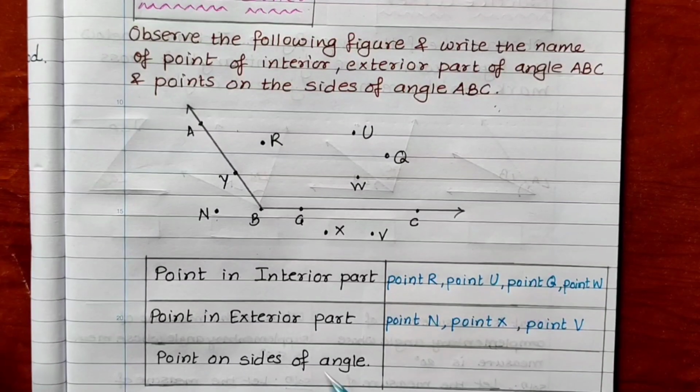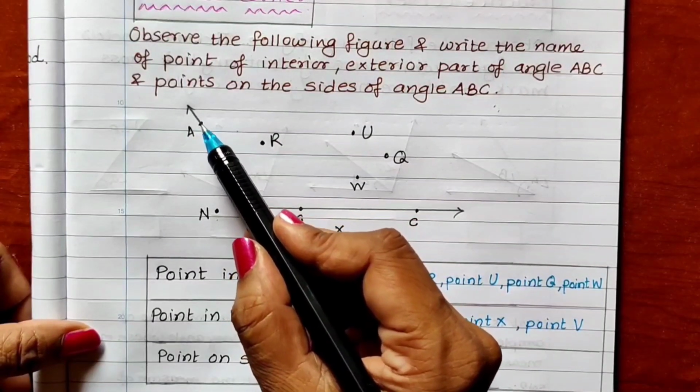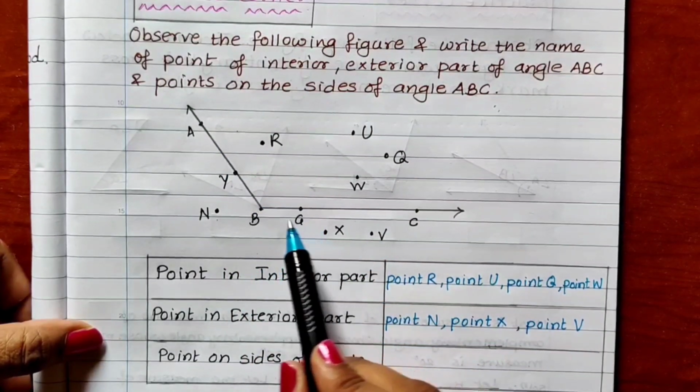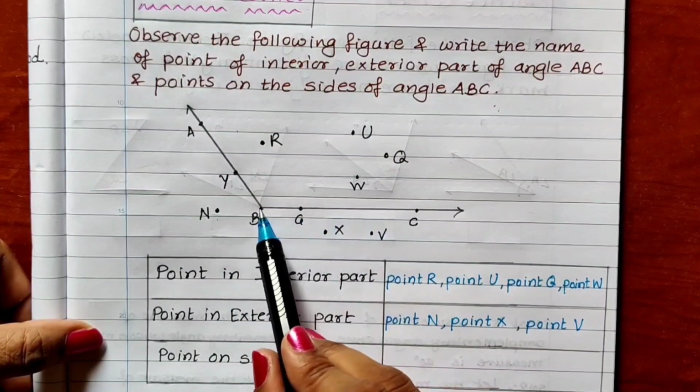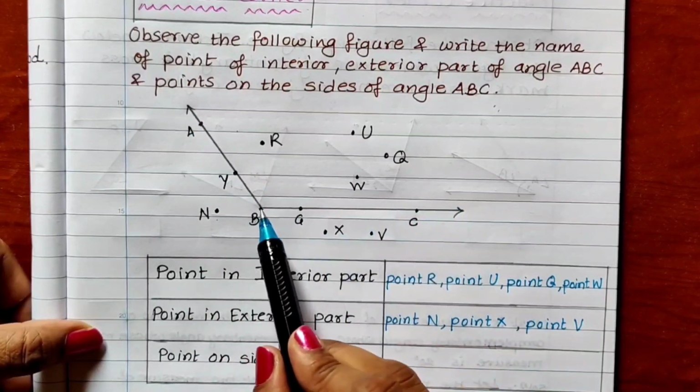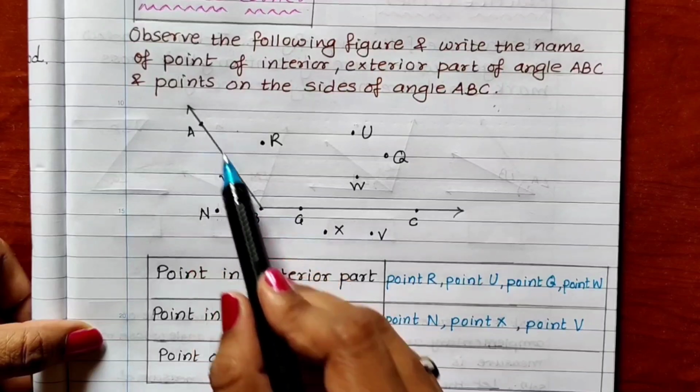Now we have to write the points on the side. Let us see this side. Which points can we see? A, Y, B. And on this side also B is there. B is the vertex, so the vertex is always on both the sides, so we have to write it one time only.